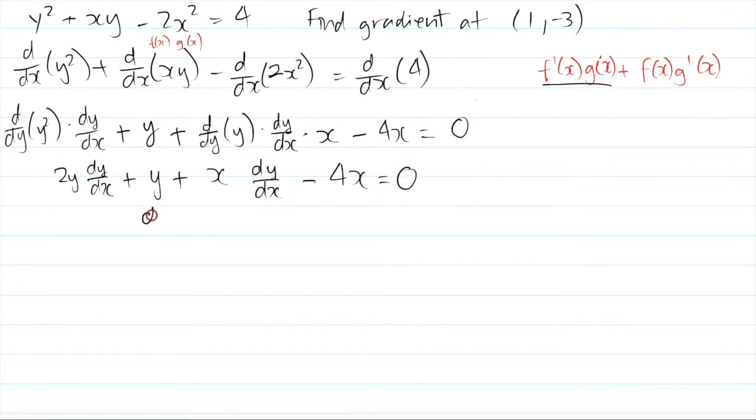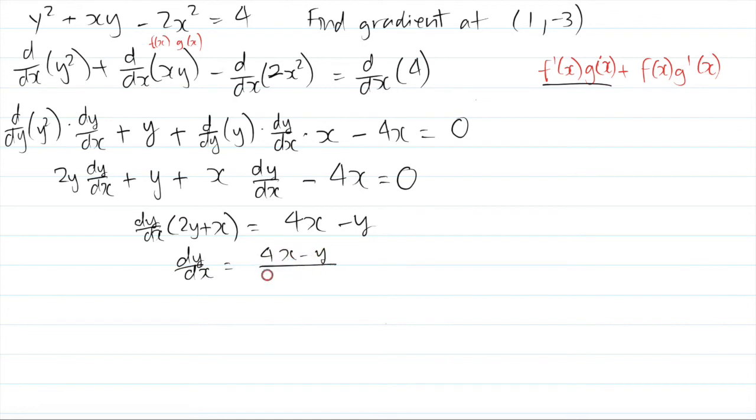Of course, you group the dy/dx together. dy/dx times (2y plus x), so we get x plus 2y inside the bracket, and you have 4x minus y on the right hand side. dy/dx would then be (4x minus y) divided by (2y plus x).